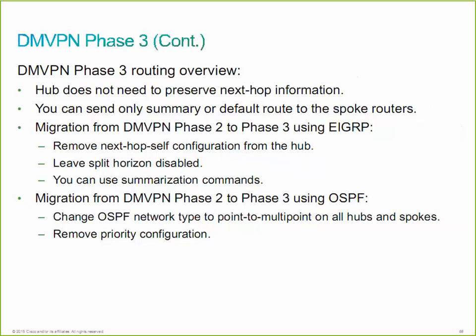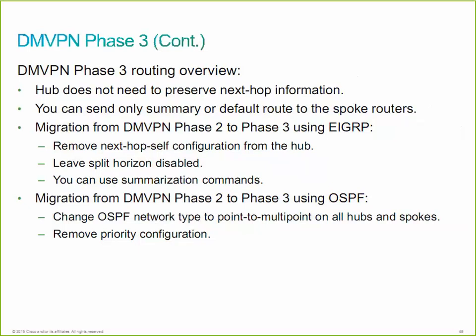And then we can use OSPF, of course. We can use BGP, but if we are using EIGRP, there are a few configurations that have to be changed, right? For example, the next hop self configuration that we had in DMVPN Phase 2 has to go away, right? It's not needed anymore.